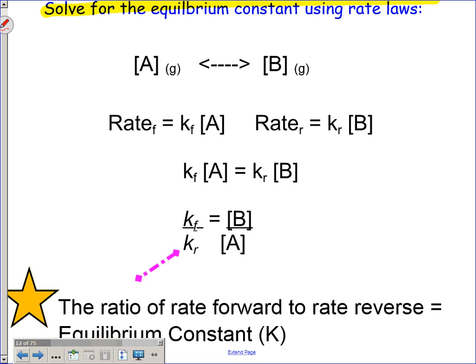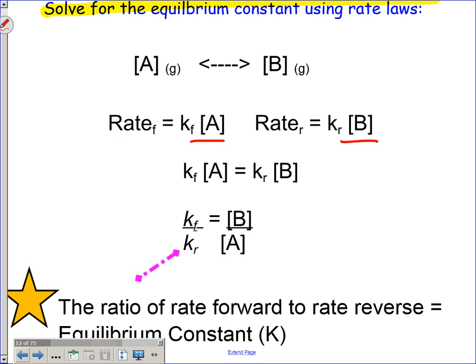So the rate of formation of the forward direction, which is forming B, is based on A being a reactant, true? Okay, and then the rate of the reverse direction, which is formation of A from B, is based on the concentration of B. And you'll see this as rate F and rate R, meaning rate forward and rate reverse.